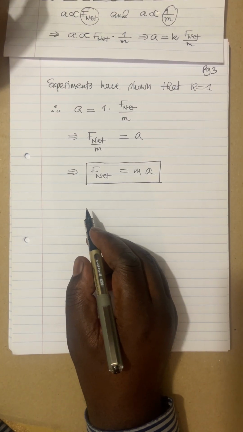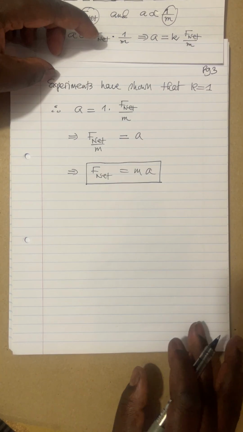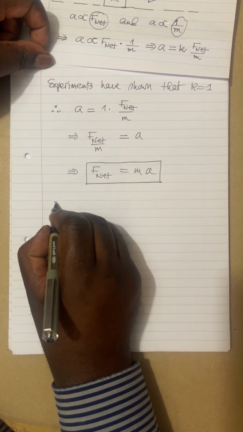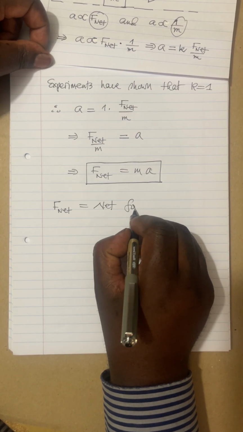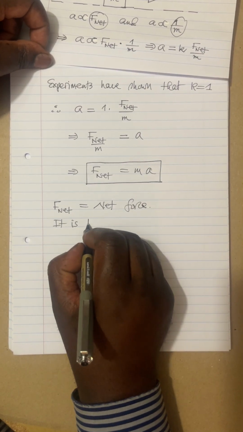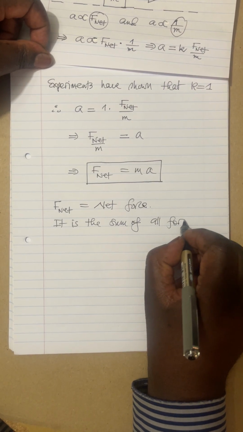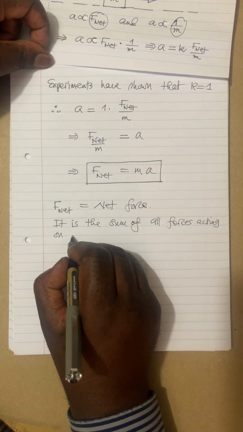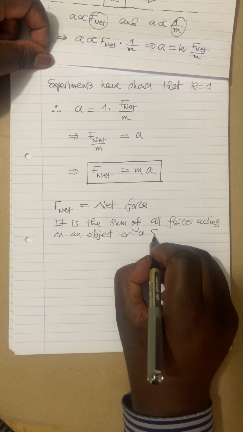Just to remind you that net force is the sum of all forces acting on a system, or a single force whose effect is the same as all forces acting on a system combined. Let me just define it. So F net is net force. By definition, we say it is the sum of all forces acting on an object or a system.